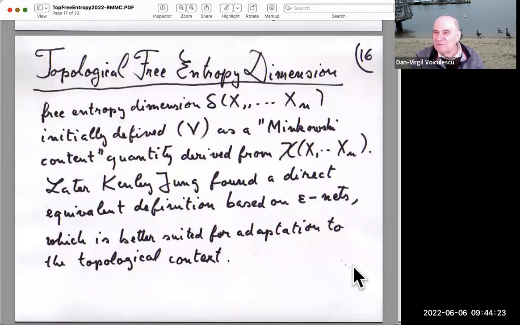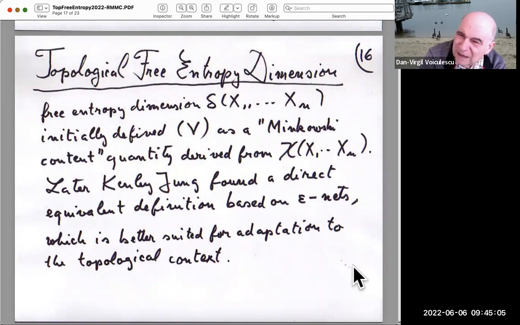For instance, if you have a free group factor, one should be able to get the number n out of this, and this would have great consequences. And all this goes through the notion of free entropy dimension. So there is a notion of free entropy dimension, which I introduced in the von Neumann algebra context. It's some idea like the Minkowski content quantity derived from the definition of free entropy.